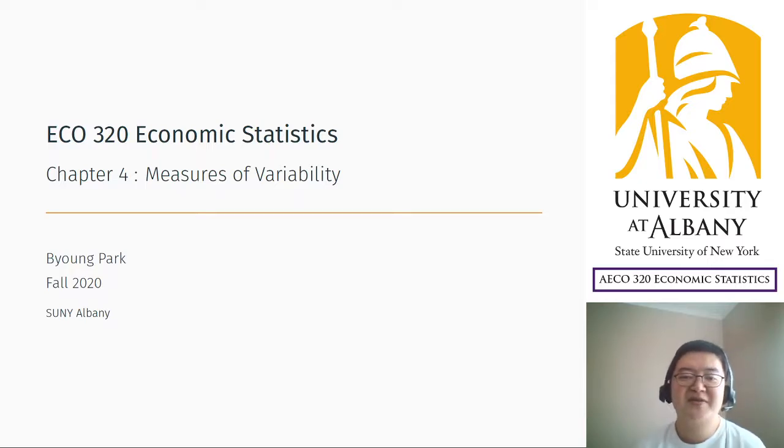We are going to start chapter 4 about measures of variability from this week. This chapter is closely related to the previous chapter, measures of location. So please, if you haven't watched them, watch chapter 3 first. Otherwise, it's hard to follow. Reviewing the previous chapter briefly will also help, even if you already watched them.